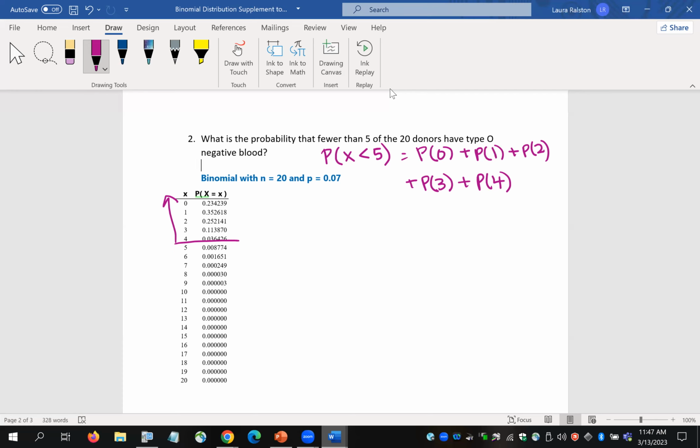Okay, so when I add those numbers up, it is 0.989294.